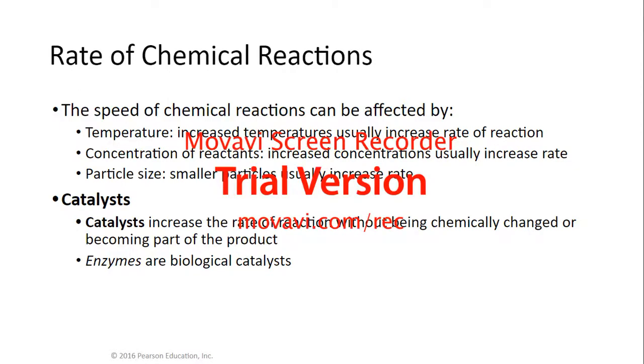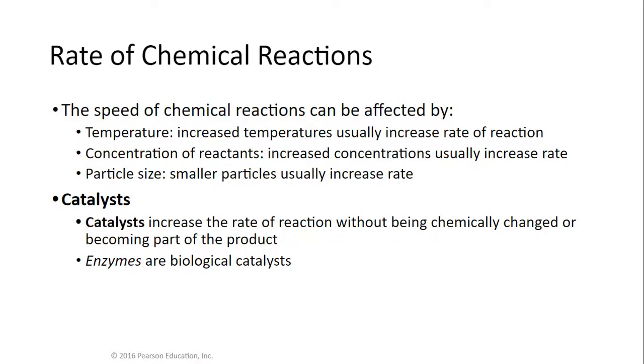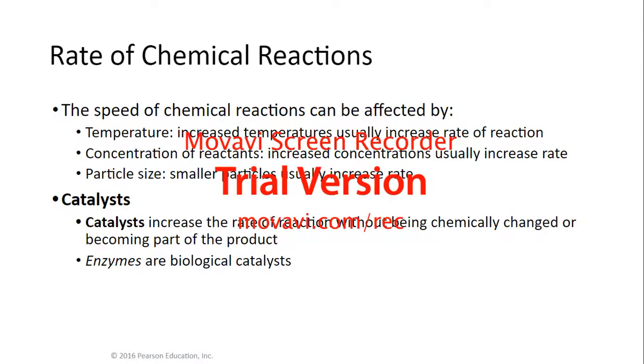And a lot of catalysts in our cells are enzymes, and enzymes are proteins, okay. So that's one of the reasons why enzymes are very important, is because without them catalyzing the chemical reactions in our cells, they will occur at too slow of a rate to be useful to us.